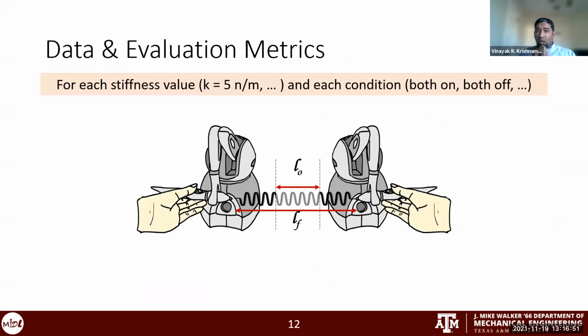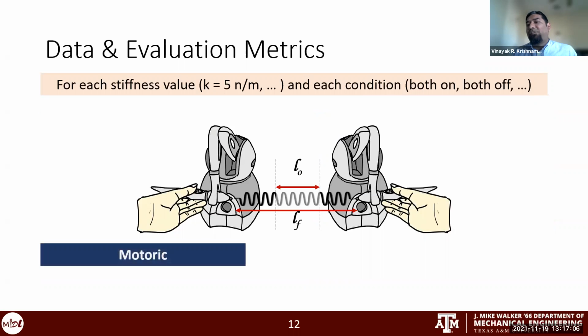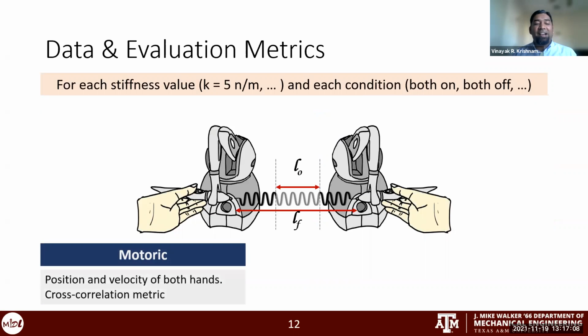Now, in order to measure the motoric and perceptual symmetry aspects, there are several options available. For each stiffness value and each condition, you can think about different motoric responses. The simplest is position with respect to time, or velocity or speed with respect to time, for both hands. That's one way of looking at how a person moved.